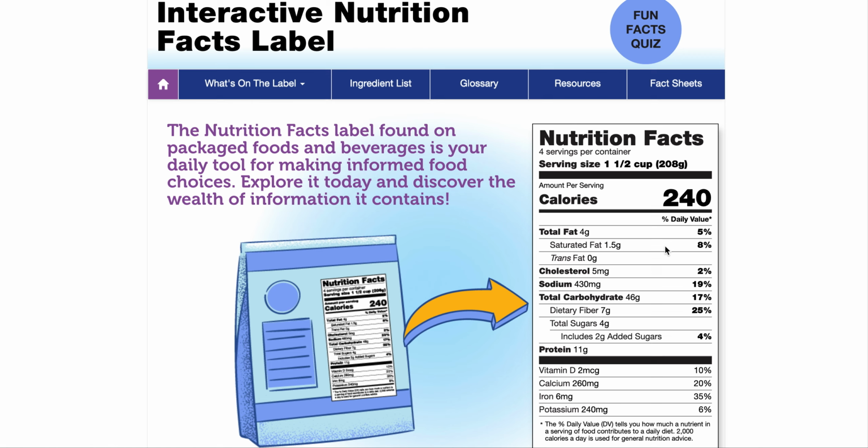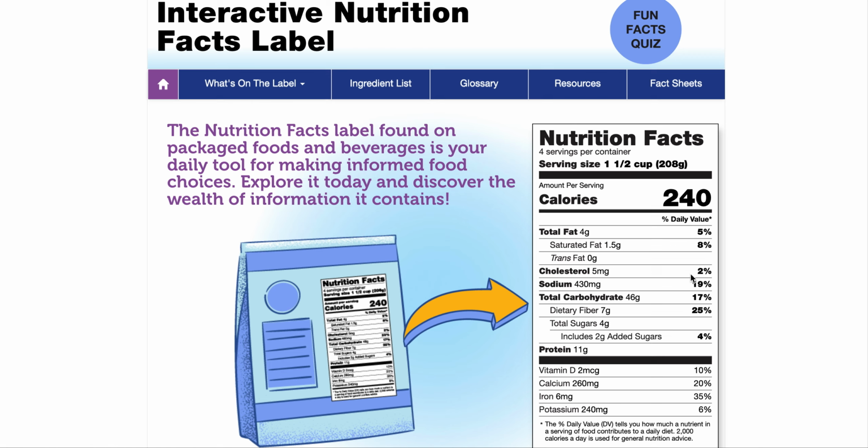Anything that's low is considered 5% or less. You want to aim for low daily values in things like saturated fat, trans fat, cholesterol, and sodium. I can't stress that enough. You want to look for a low daily percent value.